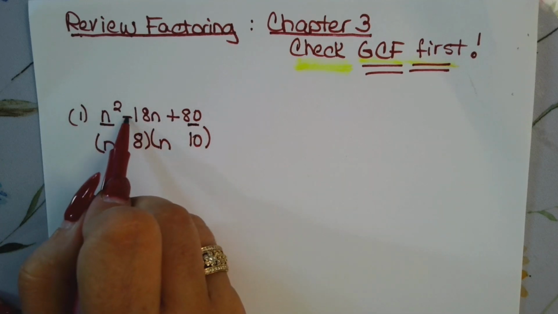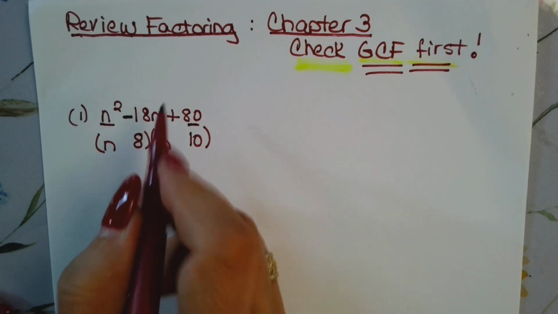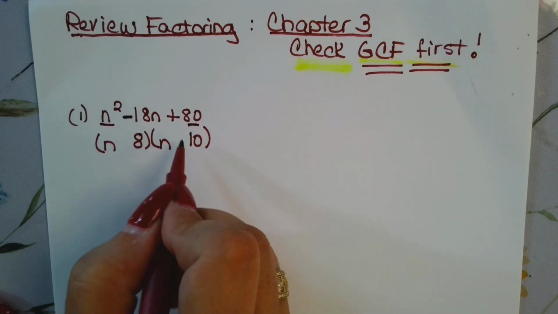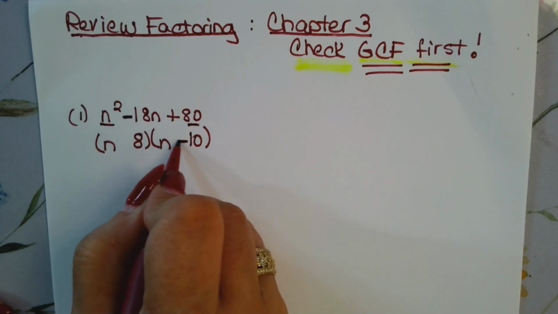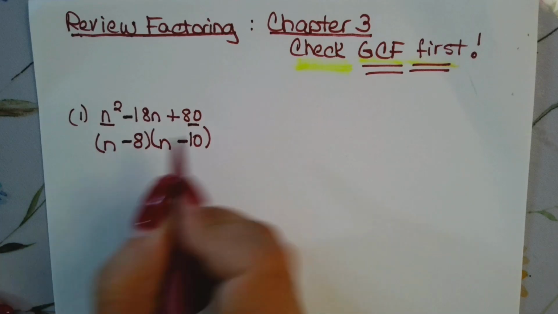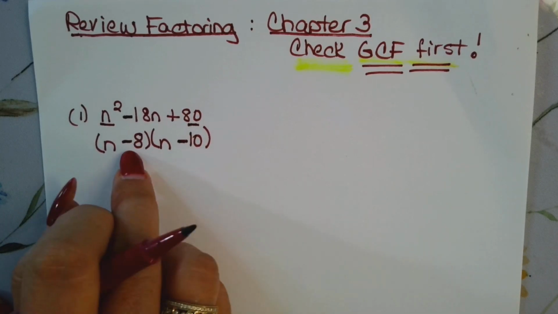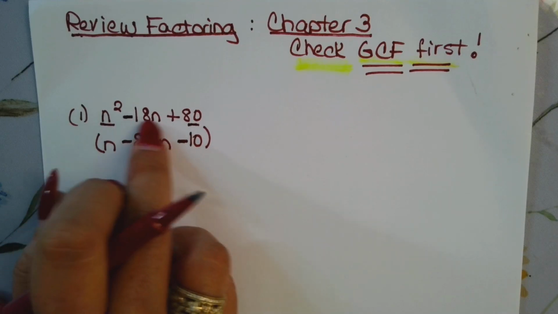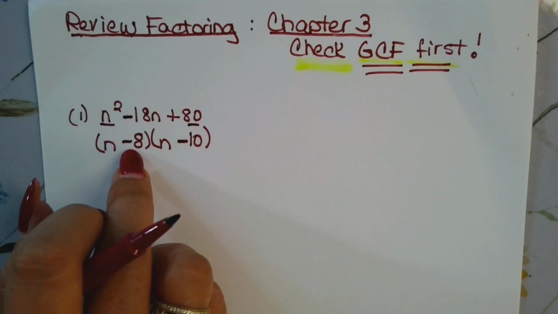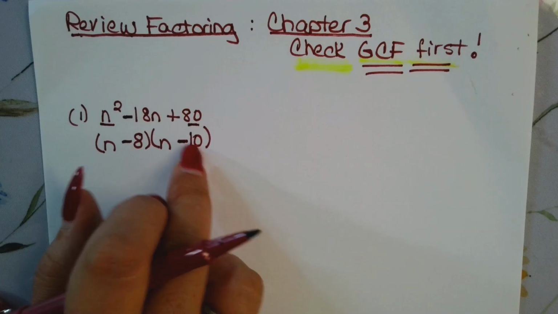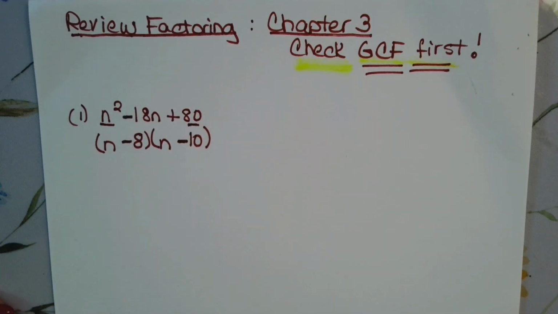Now, if you notice, this is negative 18. That means you had to add the 8 and the 10. So both the 10 and the 8 are negative. Negative 10n minus 8n is going to give you negative 18n. And then negative 8 times negative 10 gives you positive 80.